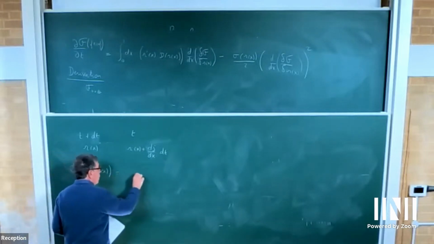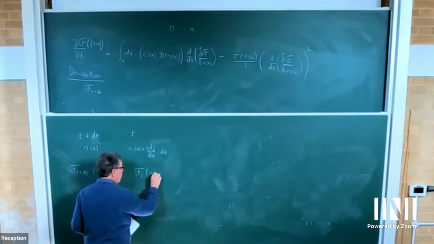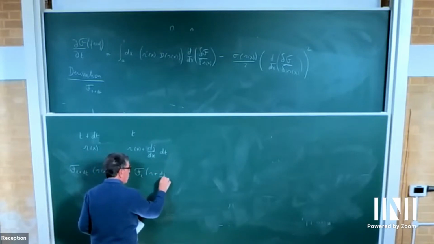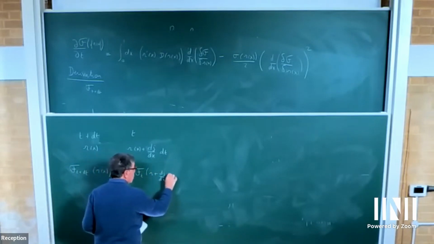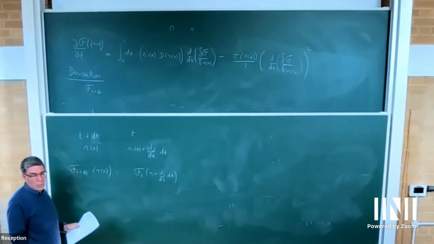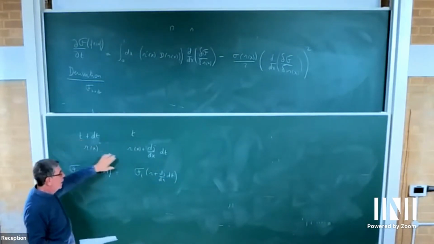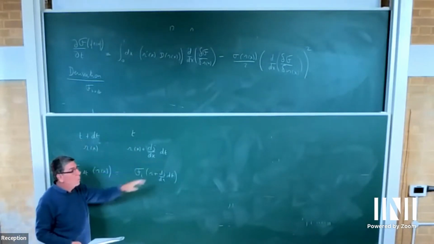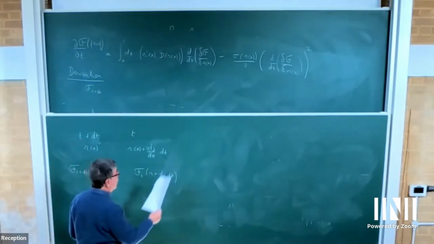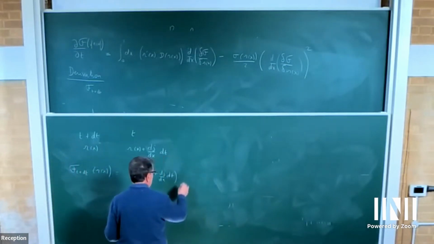It will be f at time t of this different profile, because I was already there at time t. If I want to be there at time t plus dt, I have to pay a price, which in this fluctuation theory I write it.